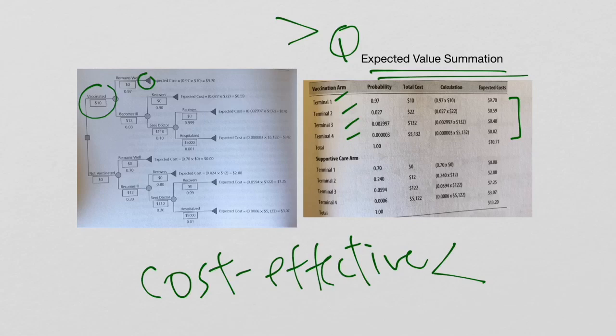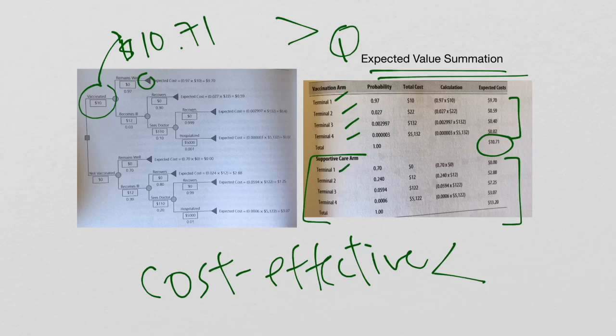This is a nice way to organize your thoughts. You would add the summation, adding this all together, so that for this strategy it is $10.71. And for the supportive arm, which is the no vaccinated arm, you would do the same.